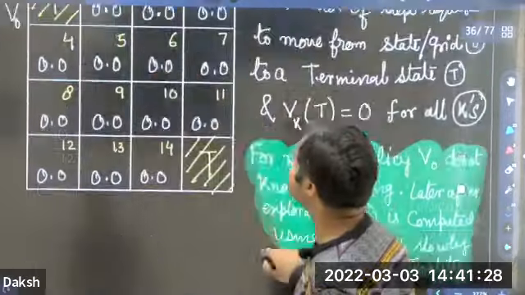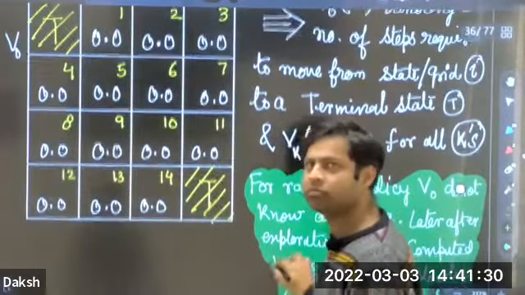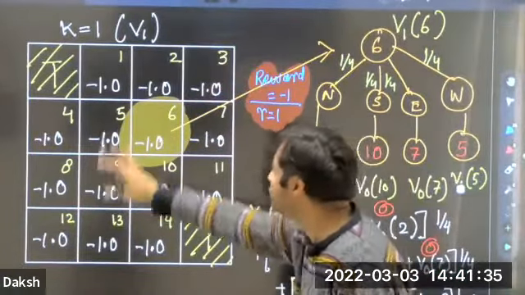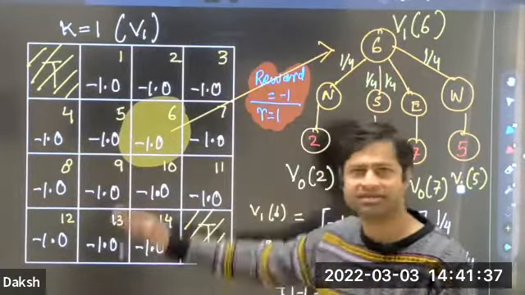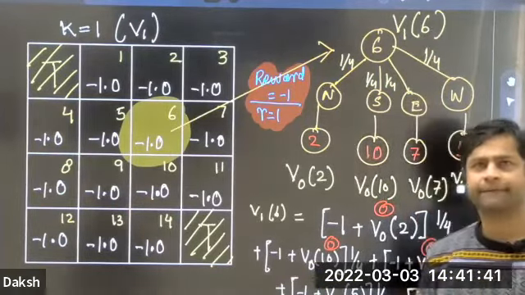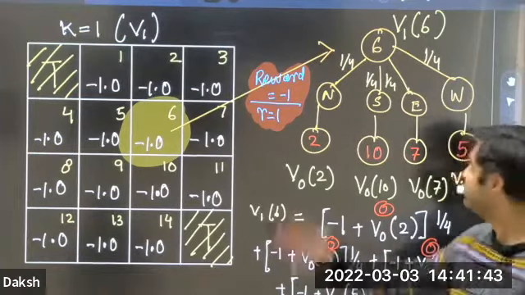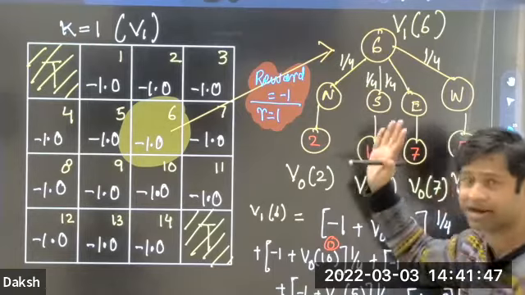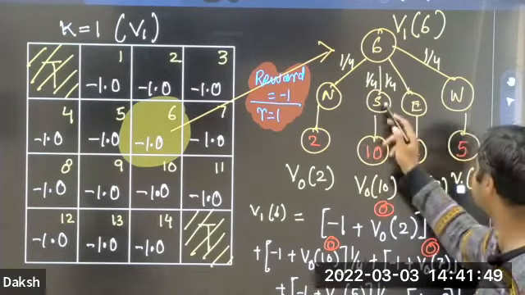And what was that? 0, 0, 0, 0, 0. Fine, that is wrong. Fine. But V1 is going to be computed from there. How? Let us compute V1 of 6. There are 4 directions in which you can go. Remember, what are the actions? North, south, east, west.